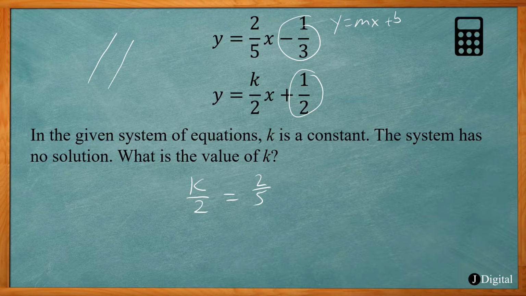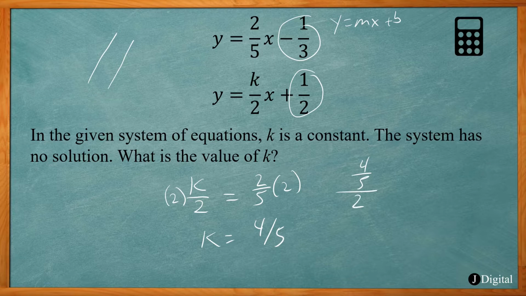To get k by itself, multiply both sides by 2. So k equals 4/5. Just to double check, 4/5 divided by 2 is equal to 4 over 10. Divide each by 2: 4 divided by 2 is 2, and 10 divided by 2 is 5, so 2/5.